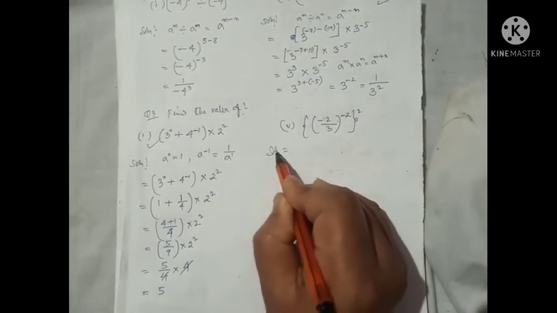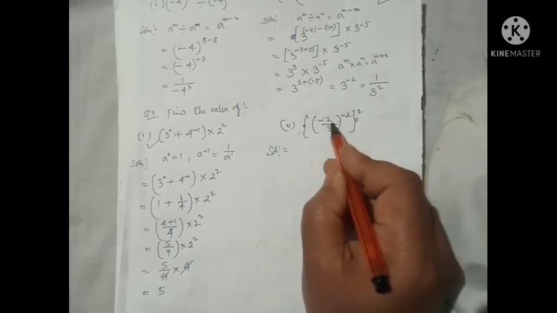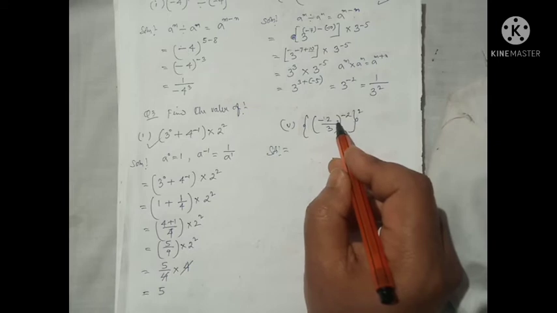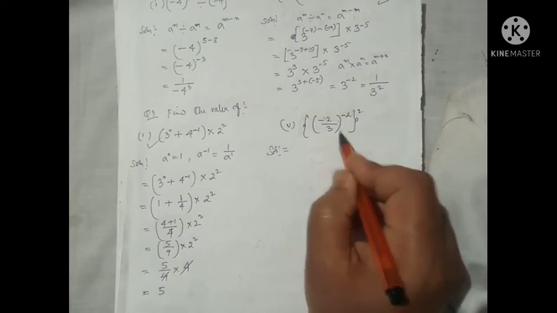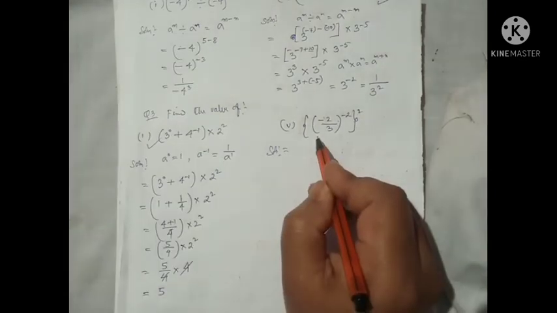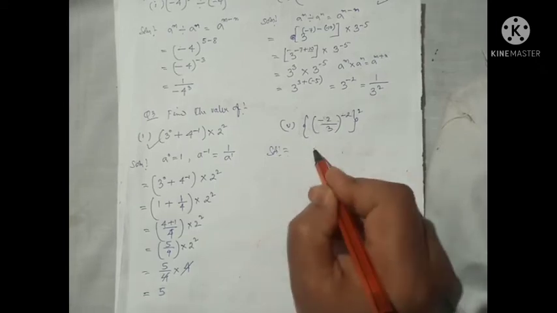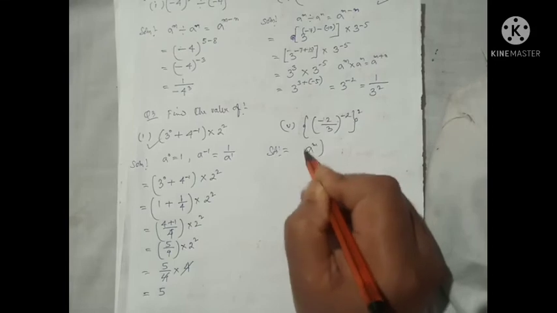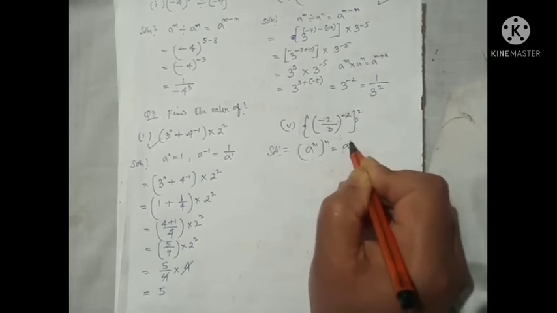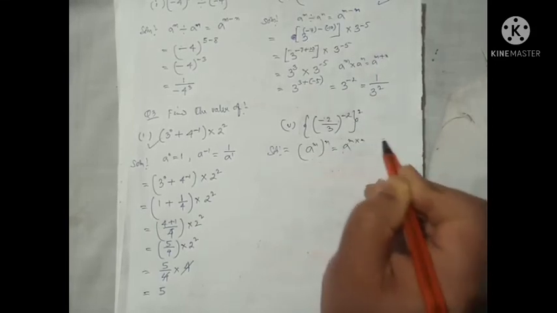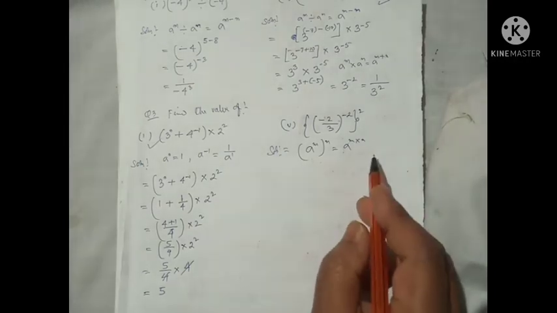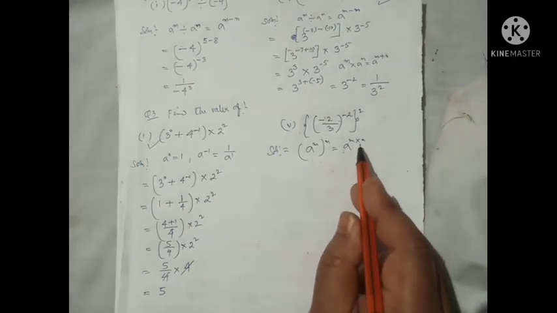Here in this solution, these are the 2 things that we have learned about multiplication of powers. In this case, first we will multiply the powers in common. Here comes a to the power m, to the power n, is equal to a to the power m into n. Powers should be multiplied.